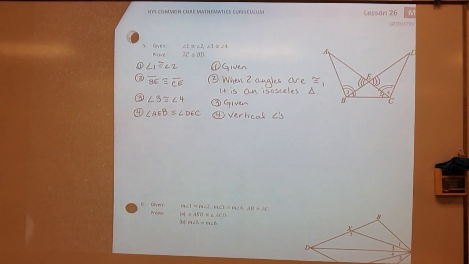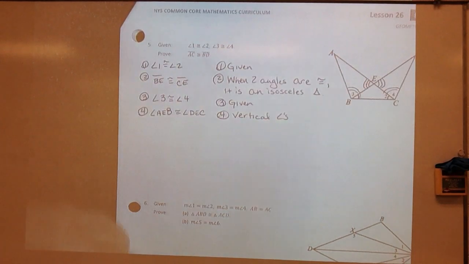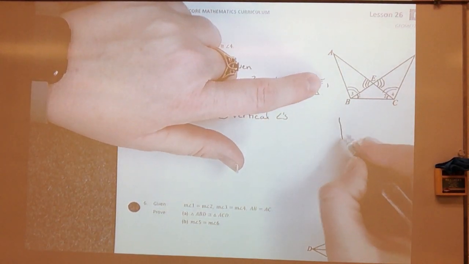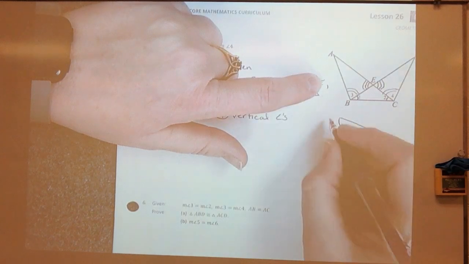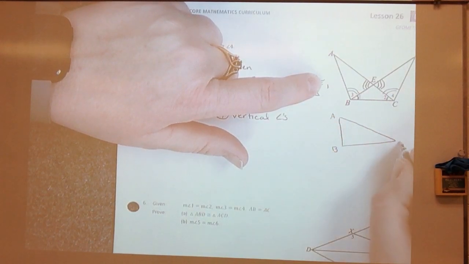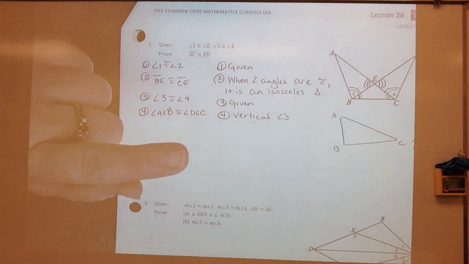I actually can, I think. Let's split these up here: A, B, C and D, B, C.